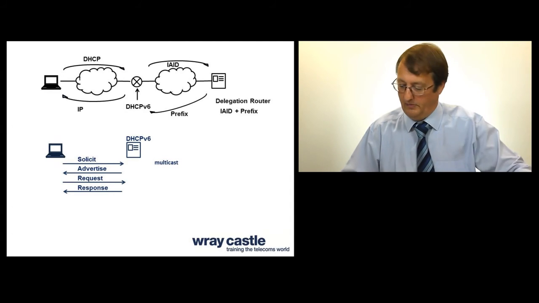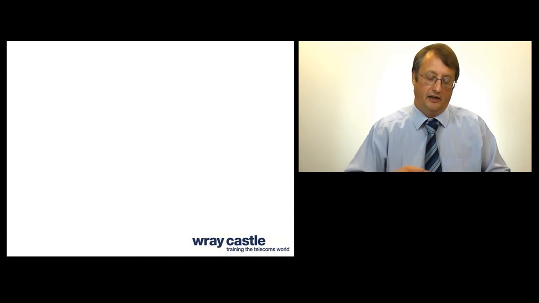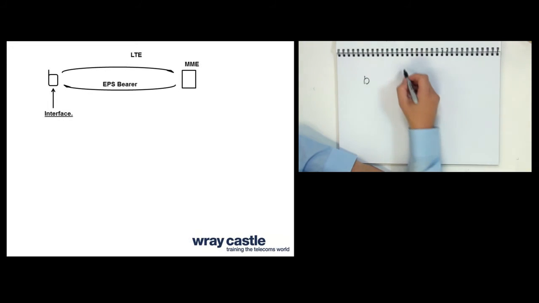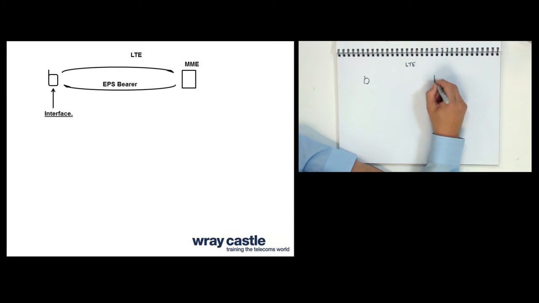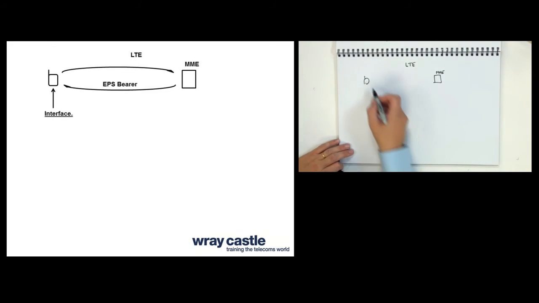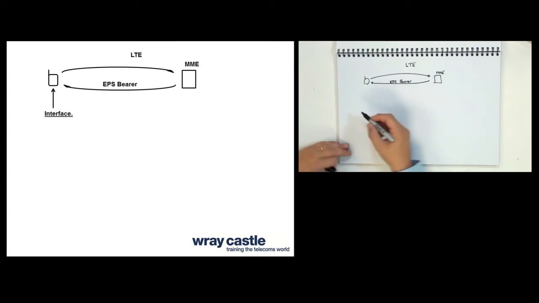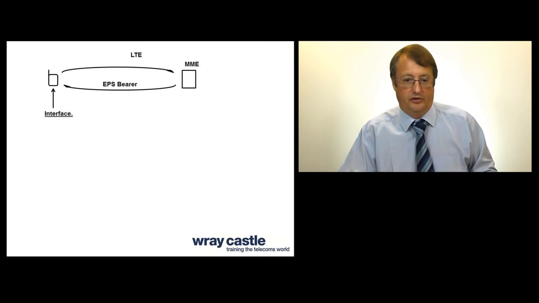We should also be mindful of what happens in the mobile world, particularly if you're working in LTE, where you'll have the mobility management entity involved in communication. So we'll establish our initial connection. We're doing attach, and we'll be asked to establish an EPS bearer, so we can form a proper connection through here.